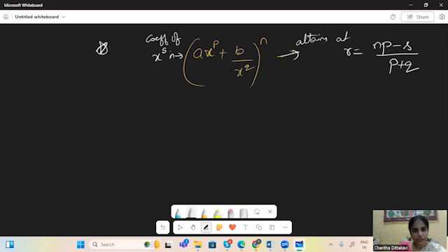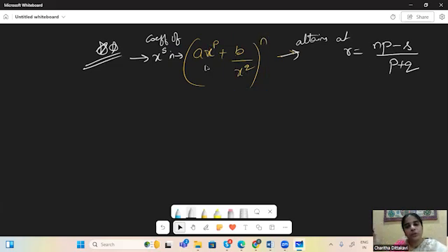The next concept is like finding the coefficient of some term x power something. Now observe here. I have written x power p and x power q here. So when I have x as a variable in the whole binomial expression, then I will be using this. If I want coefficient of x power s, some value, that might be x to the power 3, that might be x to the power 2, and n will be some 10 or something.